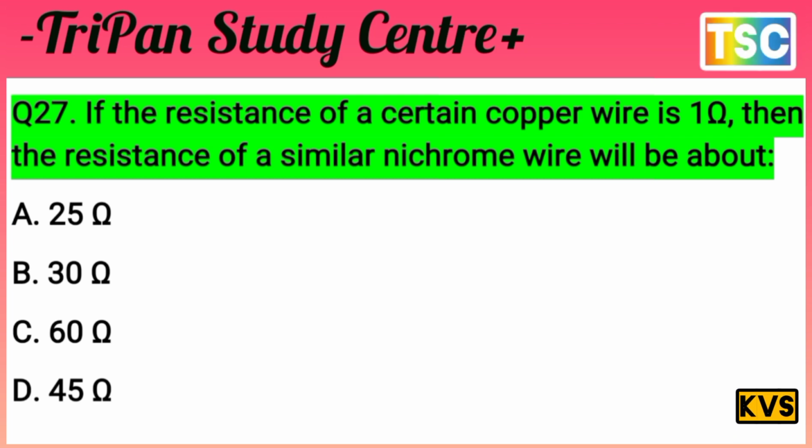Why? That's the important thought here. First of all, the reason is that the resistivity of nichrome is about 60 times more than the resistivity of copper. The copper wire is 1 ohm and the nichrome is 60 times that, 60 times more than the resistivity of copper wire. It means 60 ohm is the right answer. That's the most important line here.